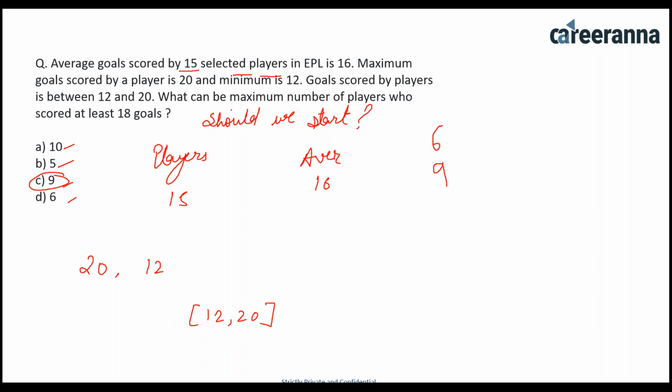What can be the maximum number? This is the question of players who scored at least 18 goals. If I have to make this a maximum, so let me rub it and then we'll explain.